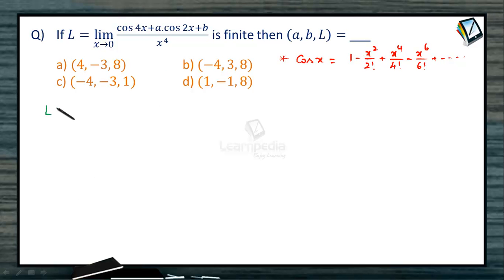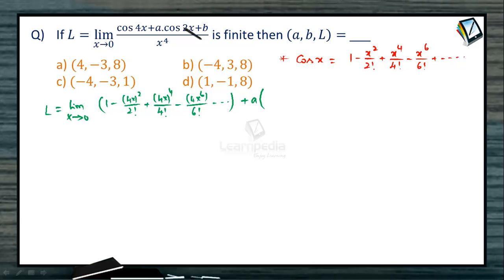Yes, the value of the limit given L is limit x tends to 0 of cos 4x. How will be the expansion of cos 4x by the expansion that we have just now seen? 1 minus (4x) square by 2 factorial plus (4x) to the power of 4 by 4 factorial minus (4x) to the power of 6 by 6 factorial, so on up to infinite terms, plus a times.